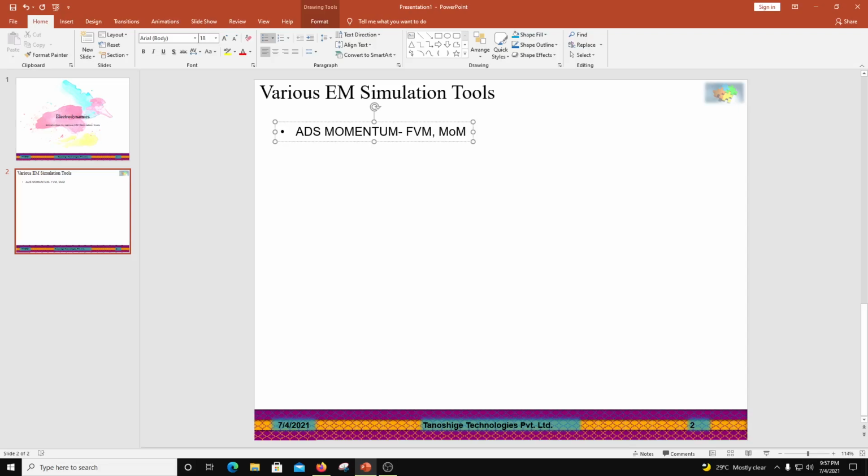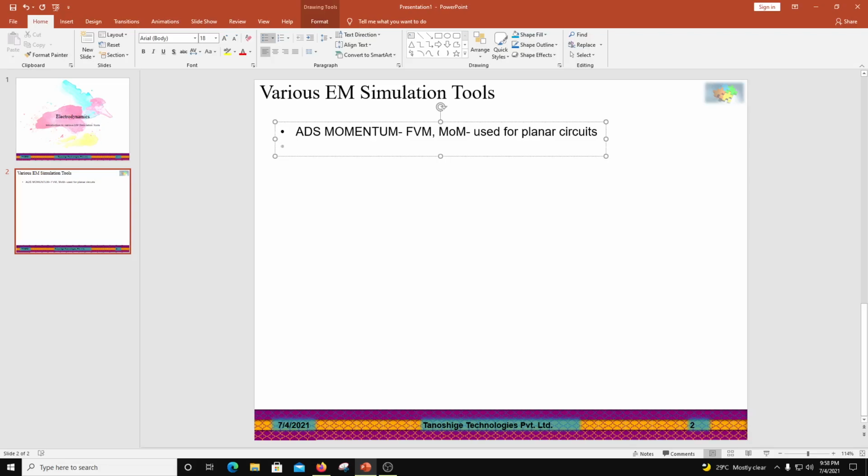So I would say it is used for planar circuits. For example, ICs or your RF boards or PCBs or laminates will be called planar circuits, right? So this is used for that.